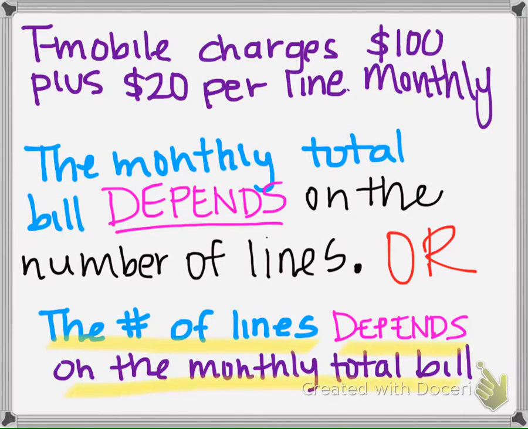If you read those statements, this one makes more sense, that your monthly total, what you're paying for your phone bill, is dependent on the number of lines. The more phone lines you have, it's going to cost more. This makes more sense than this one down here. The number of lines that you have does not depend on how much you're going to pay. It's not depending on the total bill.